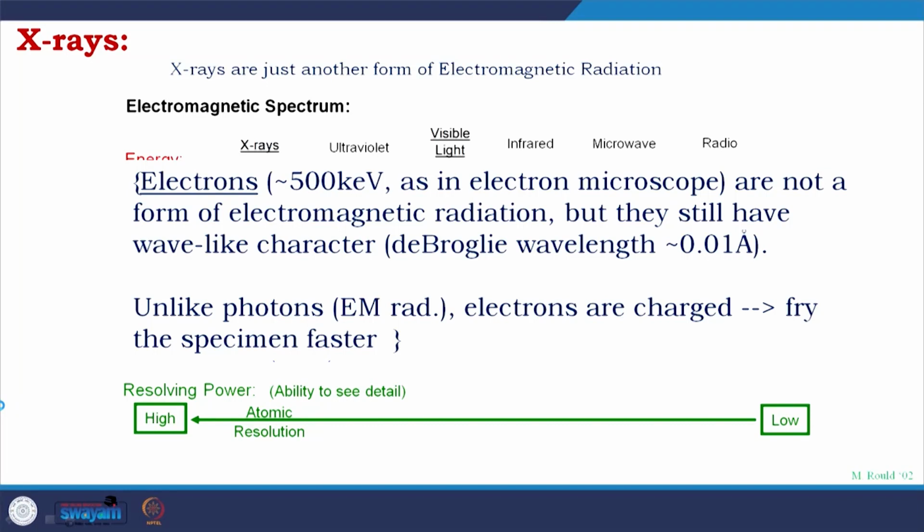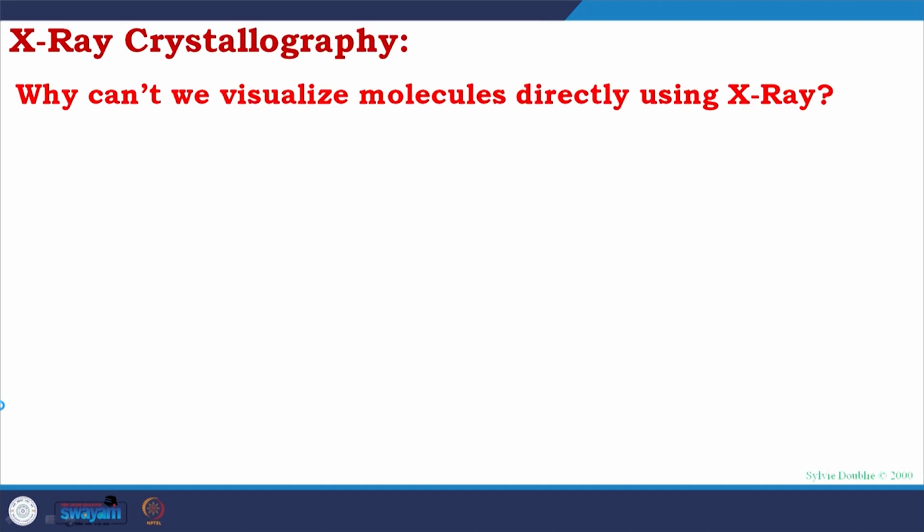But now, coming to the resolving power, it is increasingly enhancing, going from radio frequency to microwave to infrared to visible to ultraviolet to X-ray, and in X-ray, as we talked about, we could see in atomic resolution. So, why cannot we visualize a molecule directly using X-ray?